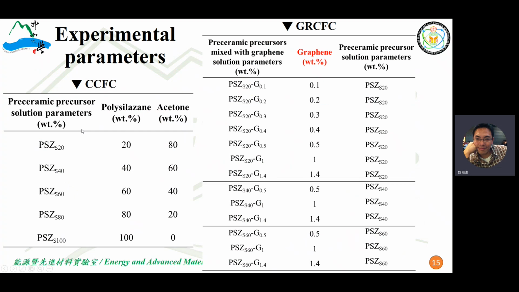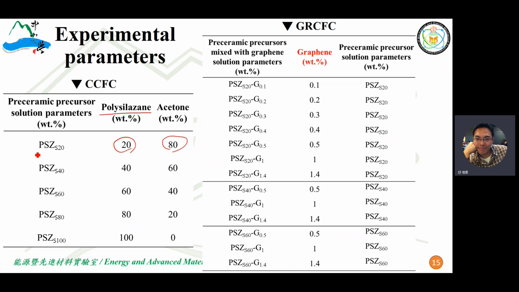So this is our experimental parameters. We adjust the concentration, diluting this polysilazane preceramic precursor in acetone. This means 20% weight of the preceramic precursor and 80% of acetone.